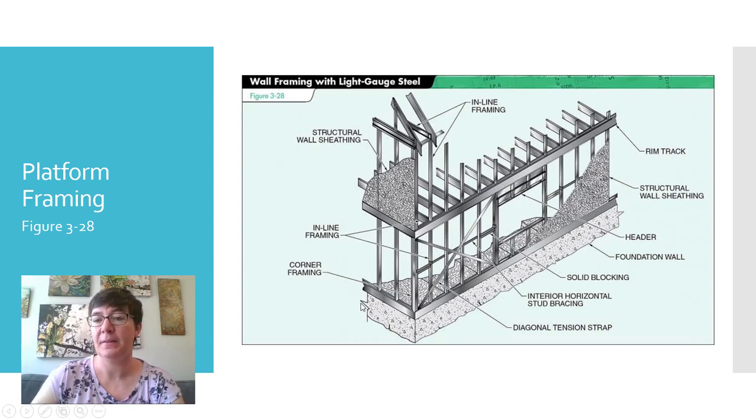And in this case, they're using a concrete slab floor, so we don't have any floor framing. Here is the wall framing. It is resting on the floor platform. Here is the second floor framing, and then these horizontal floor joists are part of that second floor platform. Here's the second floor wall. And here is the roof framing. Very, very similar to platform framing in wood. These are two different materials using the same framing system.